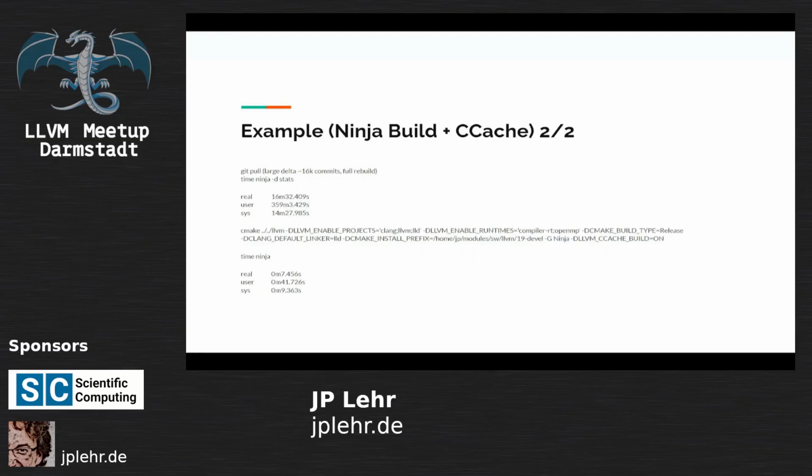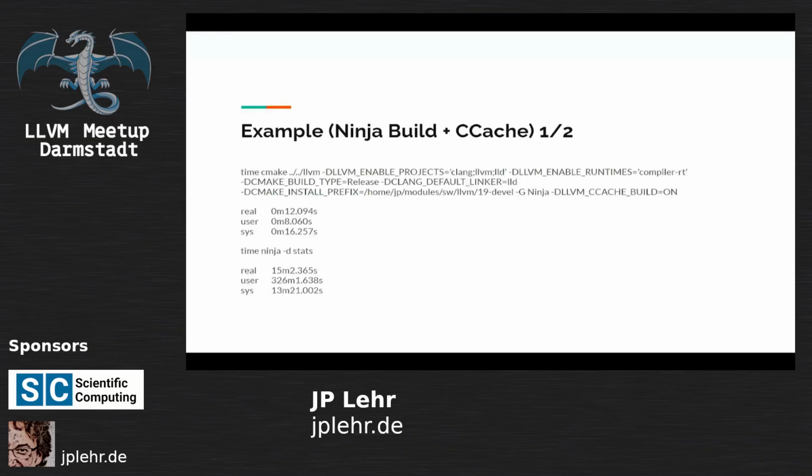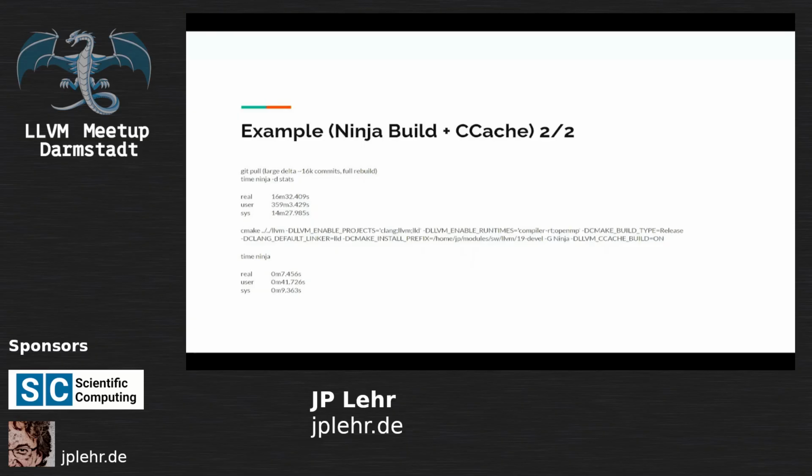If we then do a reconfigure with the same options, with the additional OpenMP runtime here, and then build this, it will actually only build OpenMP because everything else is still in Ccache, and we are getting the whole compilation in about 7.5 seconds, which is quite nice because you don't have to rebuild everything again, right?